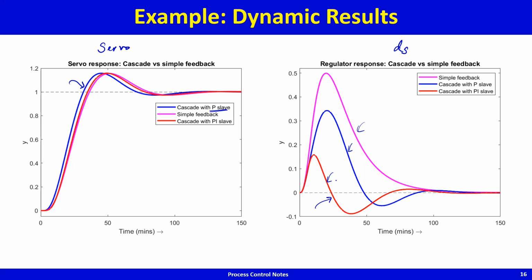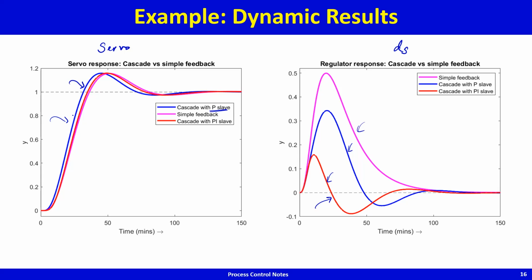I haven't plotted the master disturbance response, the disturbance at the master variable output. The trend would be similar to the servo response. The cascade response would be much faster, whereas the cascade with PI slave loop and simple feedback PI slave loop would be similar.